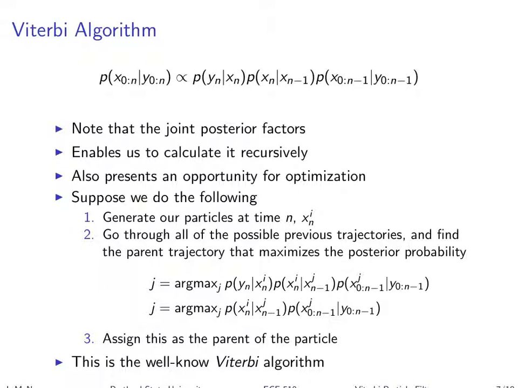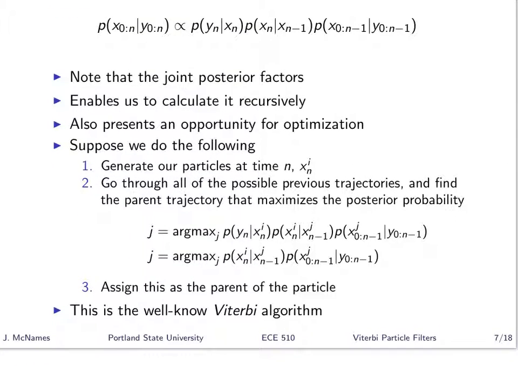When you're trying to do the optimization, the key idea with the Viterbi algorithm is we can select the best parent. Every time we advance the state forward in time, we can look back at all the previous trajectories from the previous time step that span from 0 to n-1 and pair up the possible state value at time n with its most probable parent.